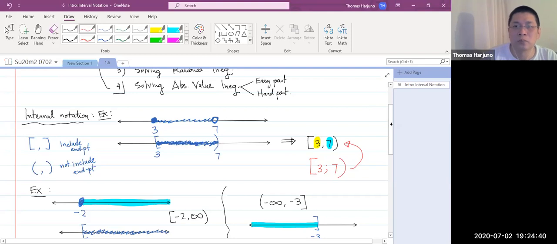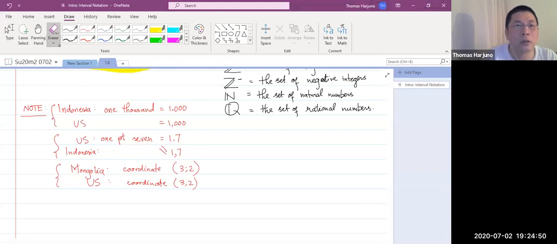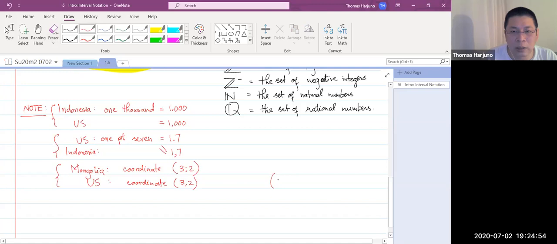Last thing. If you come from some Soviet Union country, Russia, for example, you may write your parentheses, let's say 3,2, you may write it this way, like not including, like that.